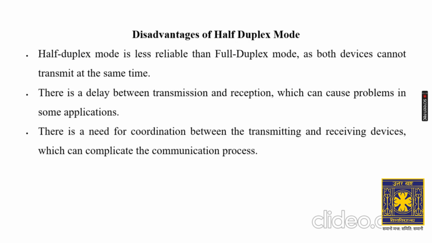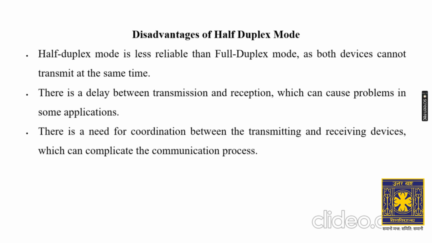Another disadvantage is that there is a need for coordination between transmitting and receiving devices, which can complicate the communication process. So you have seen how half duplex mode of communication works, and what its advantages and disadvantages are.